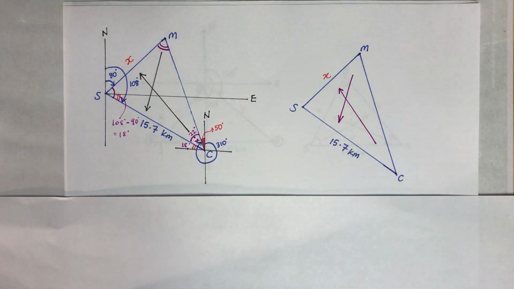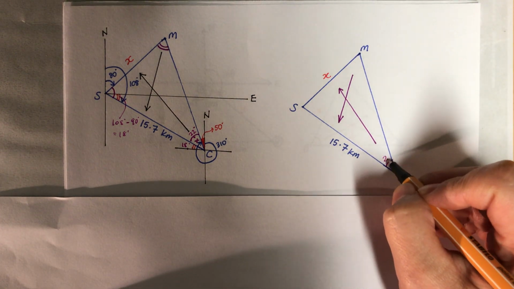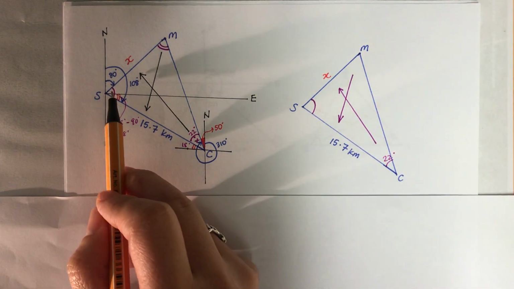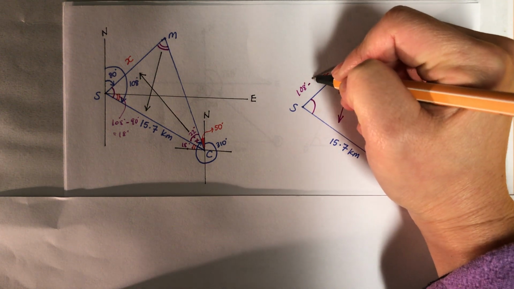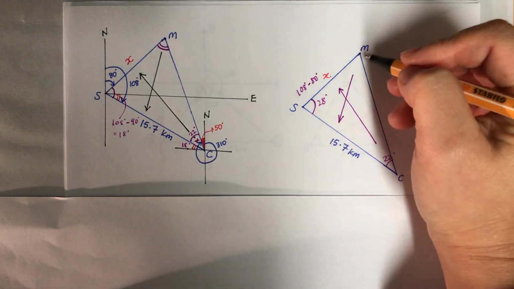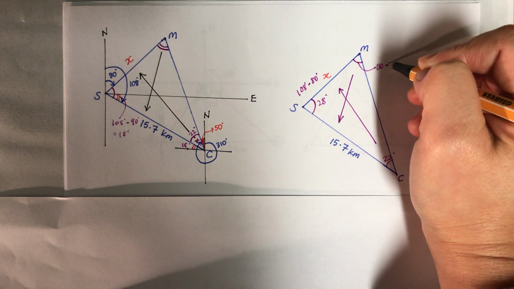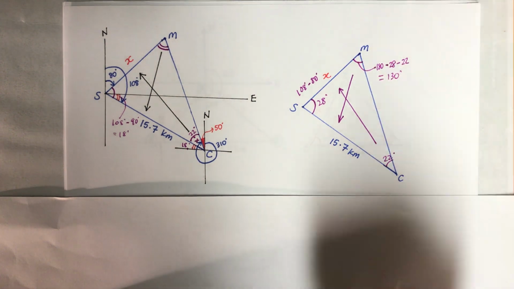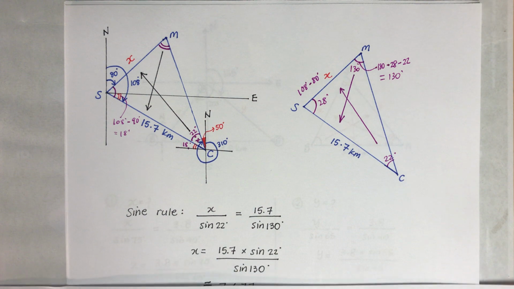Right there, so I'm going to put 22 here. And what was this one? This one is easy actually. It's 108 degrees take away 80 degrees, which is 28. And with the angle sum of a triangle, I can find this one: 180 take away 28 take away 22, I get 130. So that's 130. Okay, I think I've got everything I need.